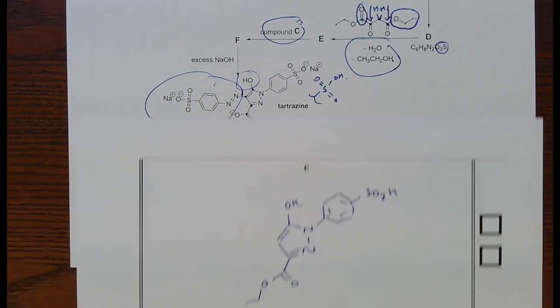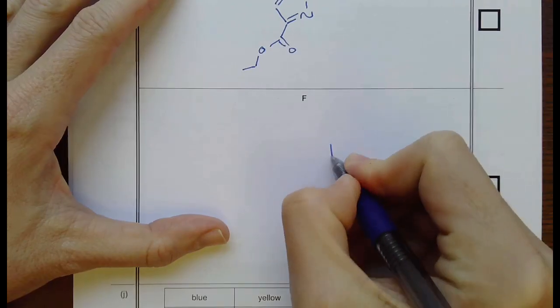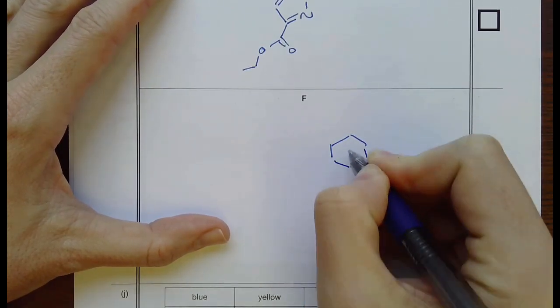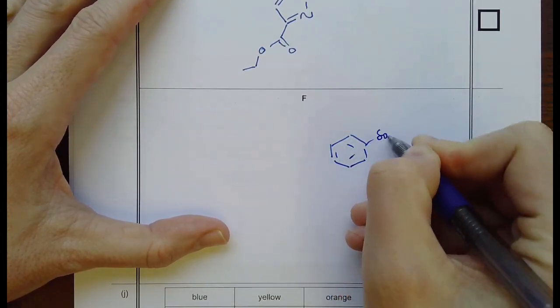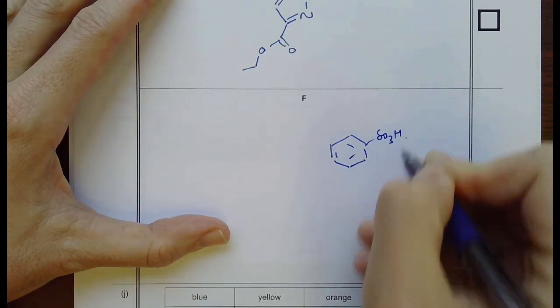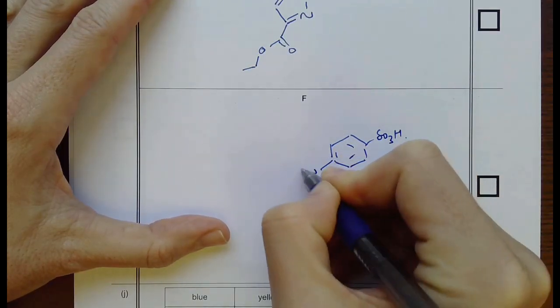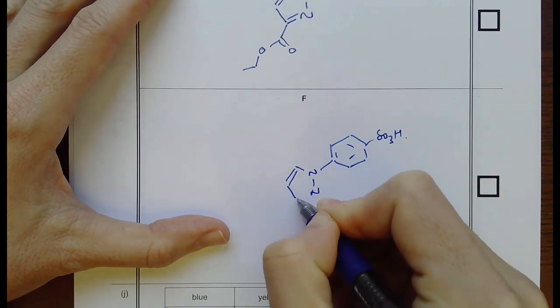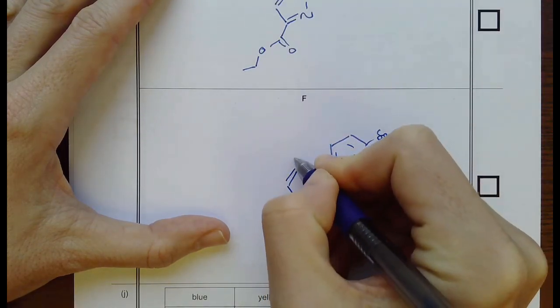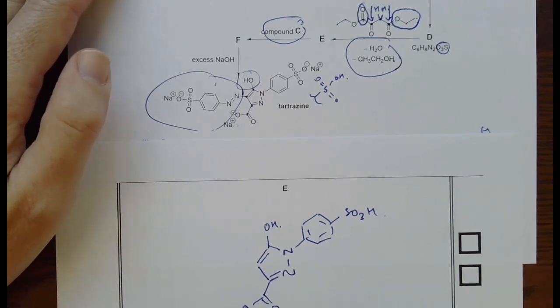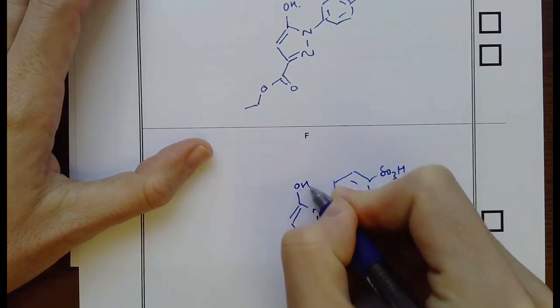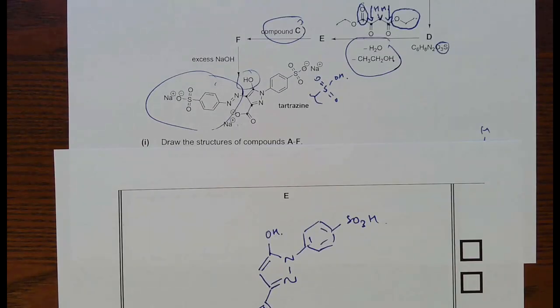Okay, so I'm going to draw it in like this. Okay, SO3H. I'm not going to change any of this bit. That bit. OH.